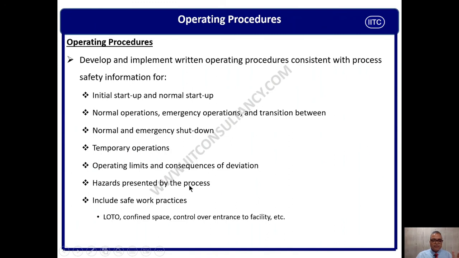Hazards presented by the processes: we need to identify all the hazards in the processes and put them in the operating system. Include safe work practices. We need a LOTO, lockout-tagout system, a confined space entry process, and control over entrance to the facility, and there are many more procedures.